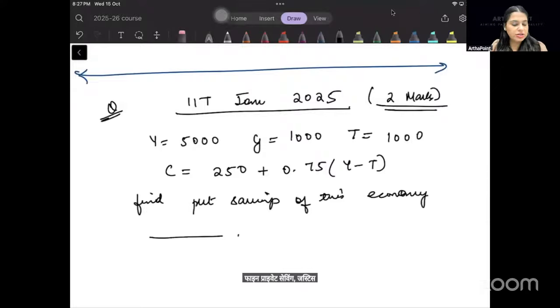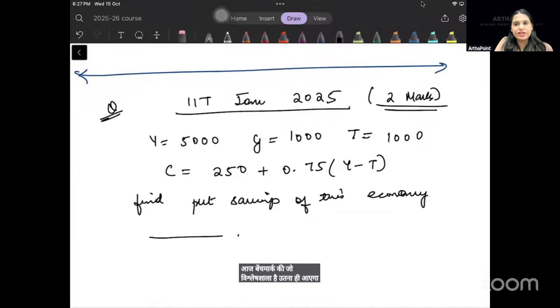Just a warning, huh? Only the 2025 IIT paper was very easy. Doesn't mean all will be easy. Just last year the exam was very easy. So don't take that as a benchmark कि जो पिछले साल आया उतना ही आएगा.